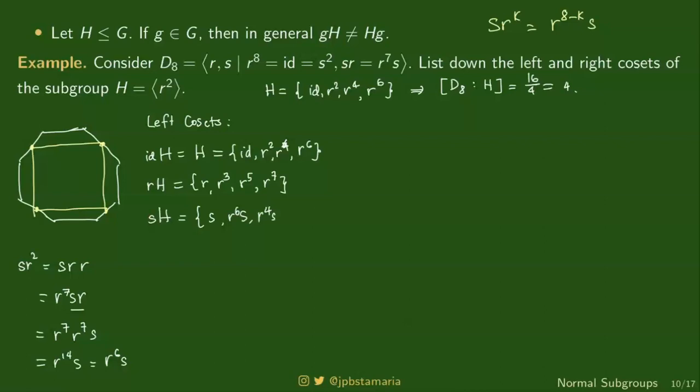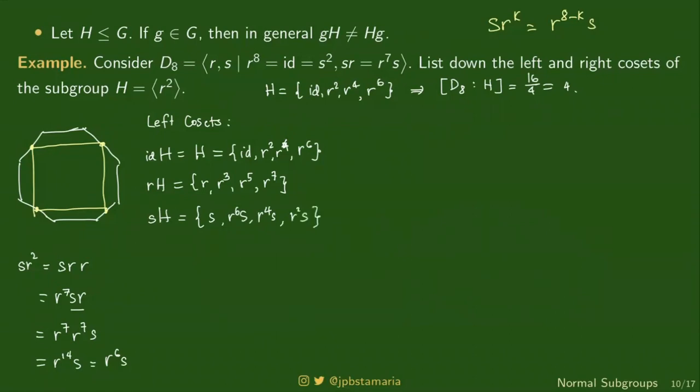So nakita nyo yung R to the 4th nagko-commute with S, no? Kasi ang SR to the 4th is R to the 4th times S. Hindi kagaya ng R squared. Ang R squared hindi siya nagko-commute with S. Ang SR squared kasi is not R squared S. It's R to the 6S. Eh how about SR to the 6? Yun yung R squared S.